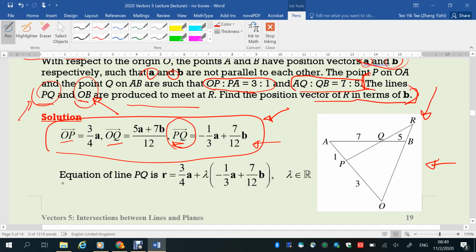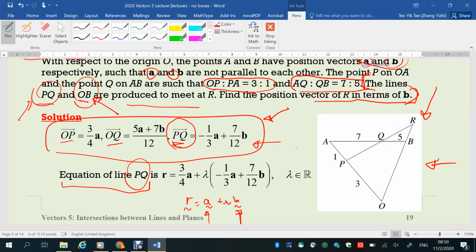What I'm going to write down now is the equation of the line PQ. Chapter 4 skills come in. Equation of a line looks like this, your so-called generic formula: r equals a plus lambda b, where a is a point, b is the direction of your line. So pay attention now, equation of line PQ. Give me a point. The point can either be OP or OQ.